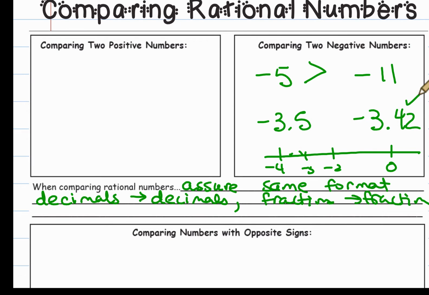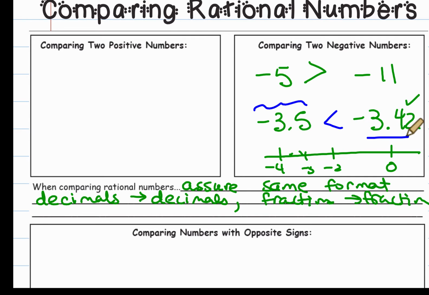Therefore, this is my greater value. So I would use a symbol that -3 and 5/10 is less than -3 and 42/100. When we think about it, this has a greater magnitude, or size of negativity. So when we're comparing negative numbers, the one with a greater absolute value is always going to be smaller.